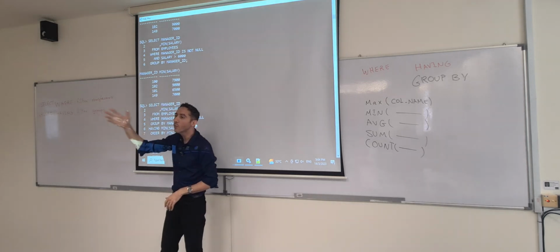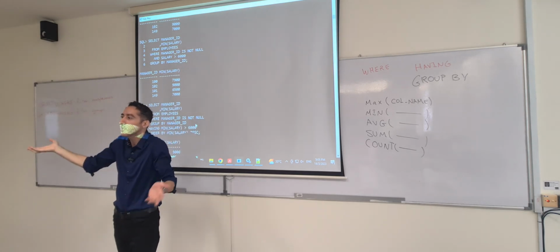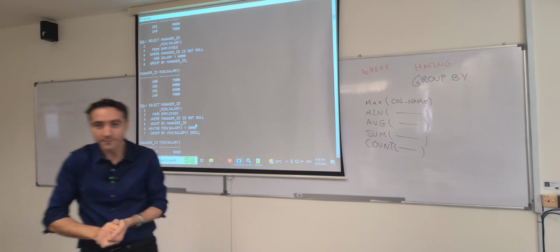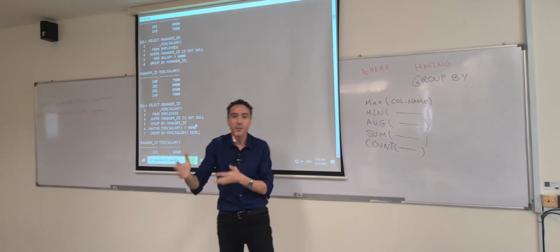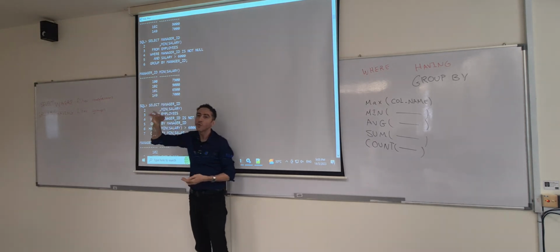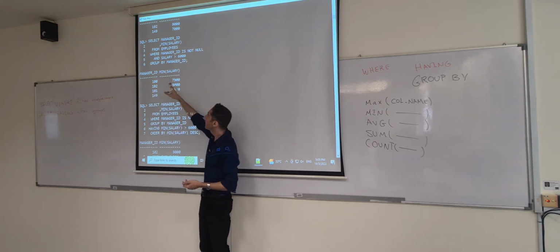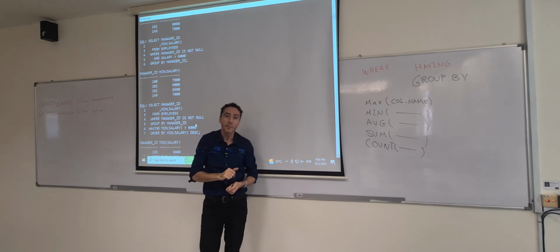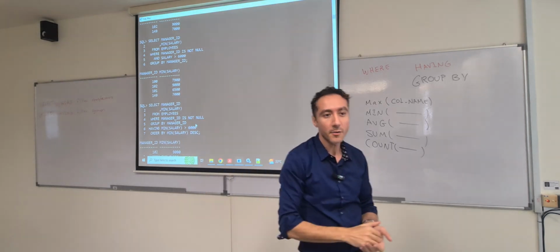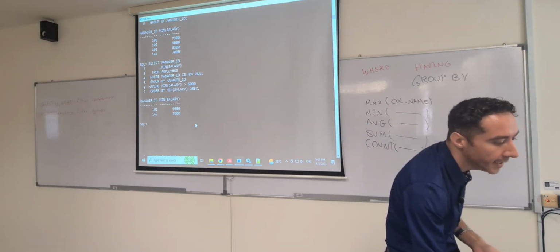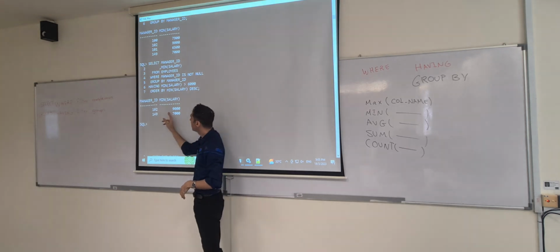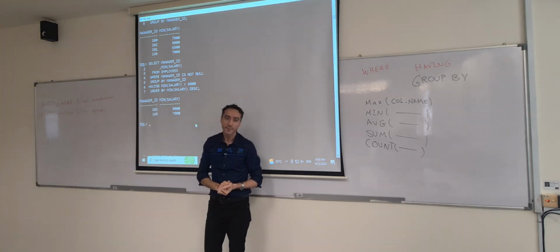Because during the where clause, I have excluded some employees. I don't know what their salaries were, because I excluded them. So here I cannot say such a statement. I cannot say for the group whose manager is 100 that the minimum salary is 7,900. Maybe yes, maybe no, because the query is not correct. But for this one, I can say with full confidence that for 102 the minimum salary is 9K.